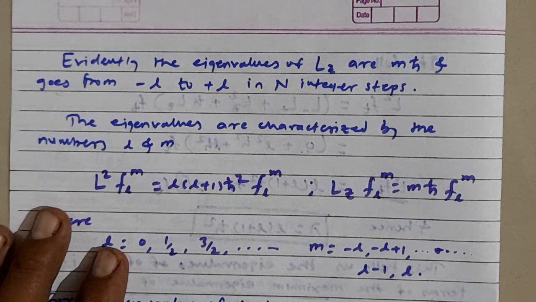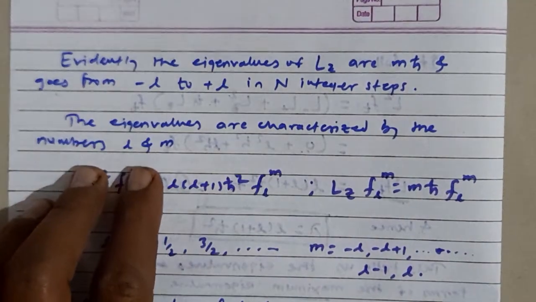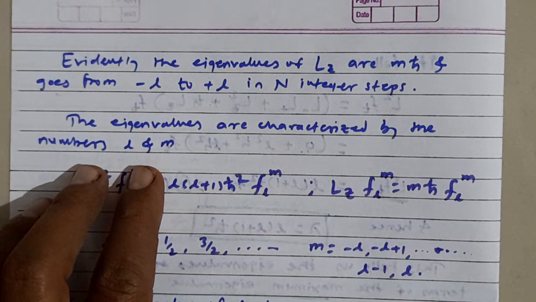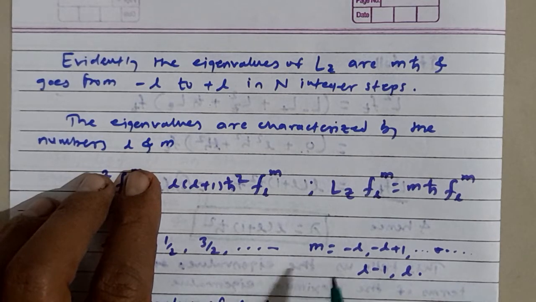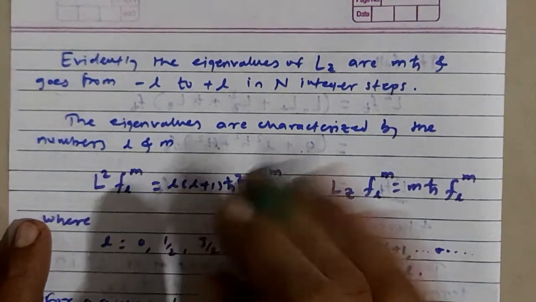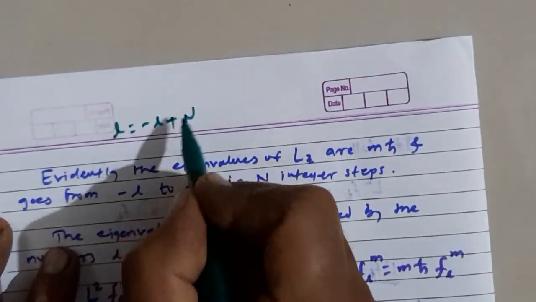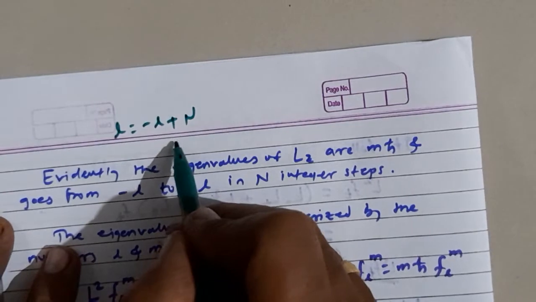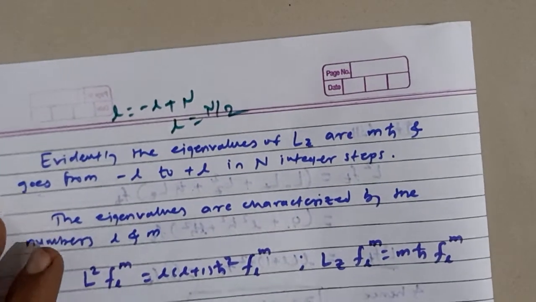So the eigenvalues are characterized by the numbers L and M. In particular, I just rewrite that L is equal to minus L plus N, and hence L is equal to N by 2. So L must be an integer or a half integer.